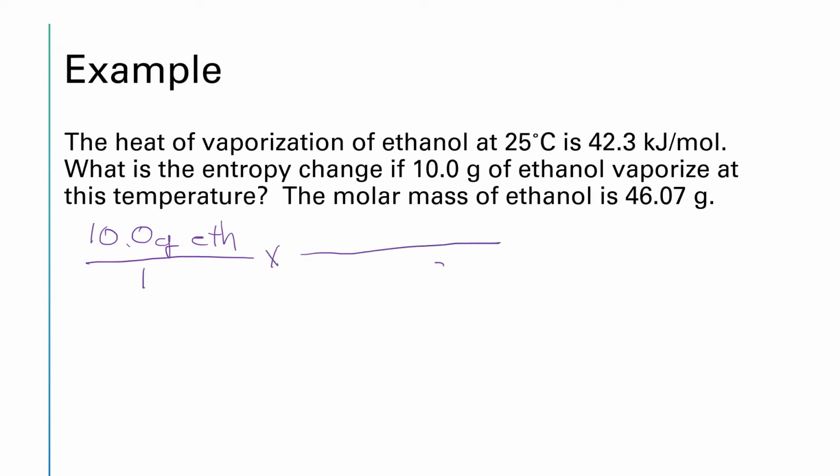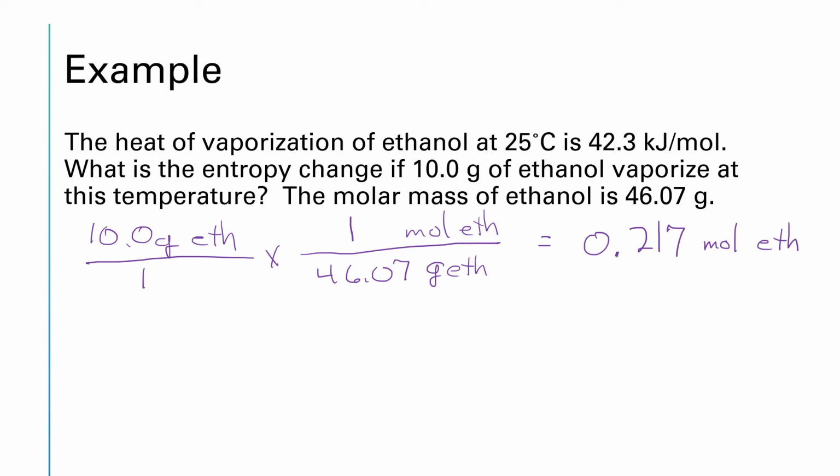We need to put grams of ethanol down in the bottom, and we'll put moles of ethanol up in the top. 1 mole is equivalent to the molar mass in grams, so 46.07 will go down there in the bottom. So now I'm going to take 10 and divide it by 46.07, and that's going to give me 0.217 moles of ethanol.